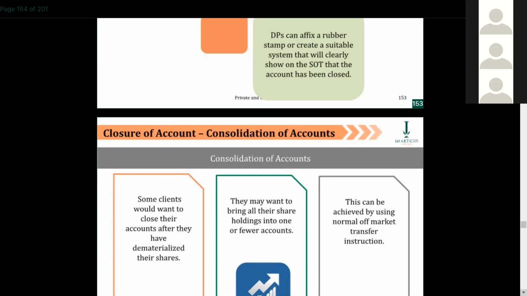You can just simply give instruction to your depository participant to deliver your shares. Those are known as off-market transactions. That means you're doing the transaction without going to the market.